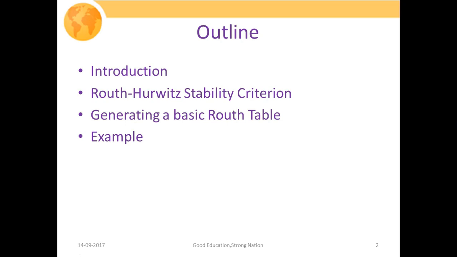We have also discussed some examples. We have seen that the number of sign changes in the elements of the first column of the Routh table gives the idea about the stability of the system. If no sign change occurs in the first column, then the system will be a stable one. If there exists a certain number of sign changes, then that many poles are going to lie in the right side of the S-plane.